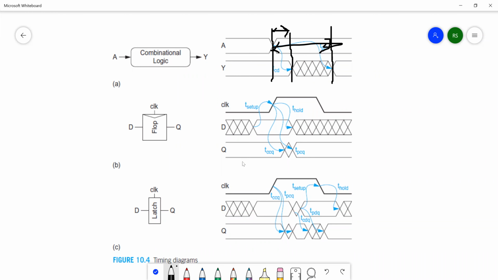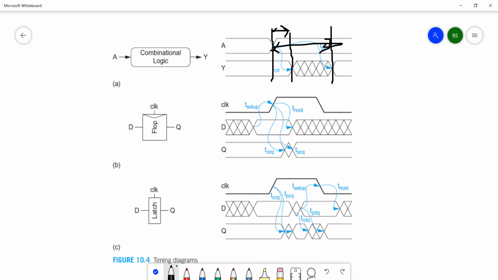Next, let us go to the flip-flop. A flip-flop is a little more complicated because there are three signals: a clock signal, the input D, and the output Q. Whatever we mentioned in the previous slide, we're going to see in terms of these diagrams.